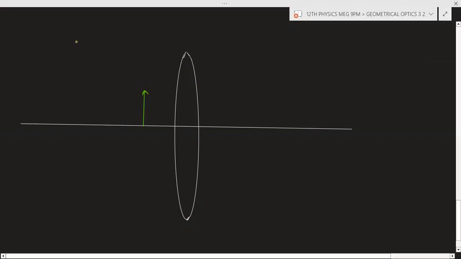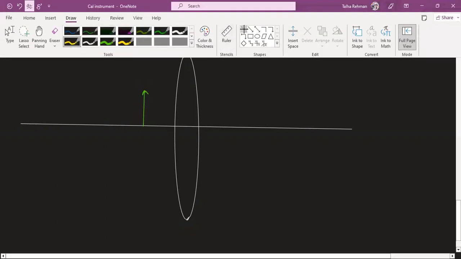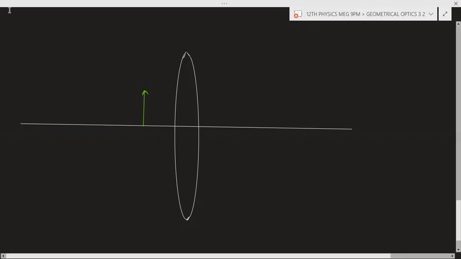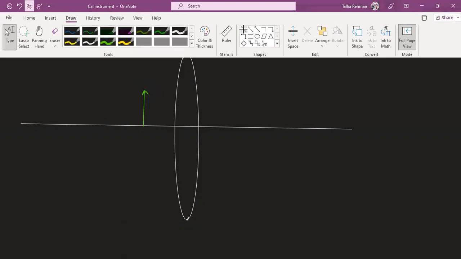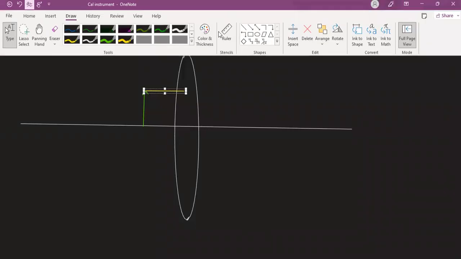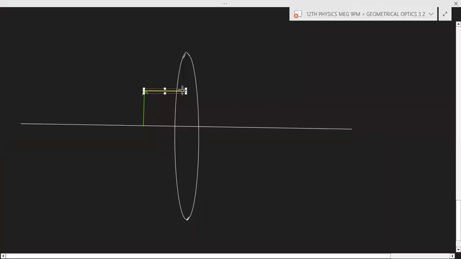First ray from the object is parallel to the principal axis, and after passing from the lens, it will pass from the focus like this.